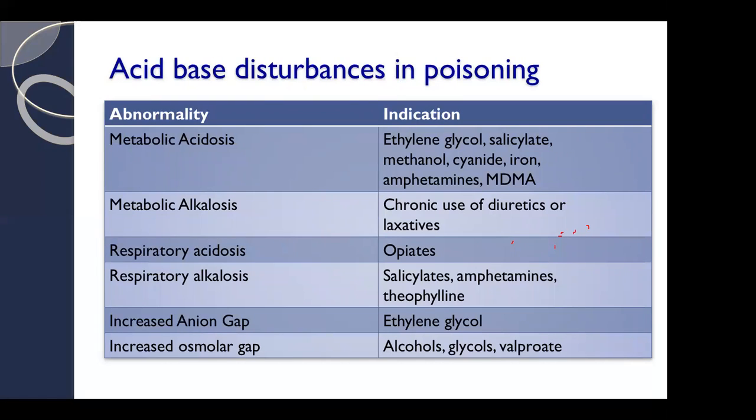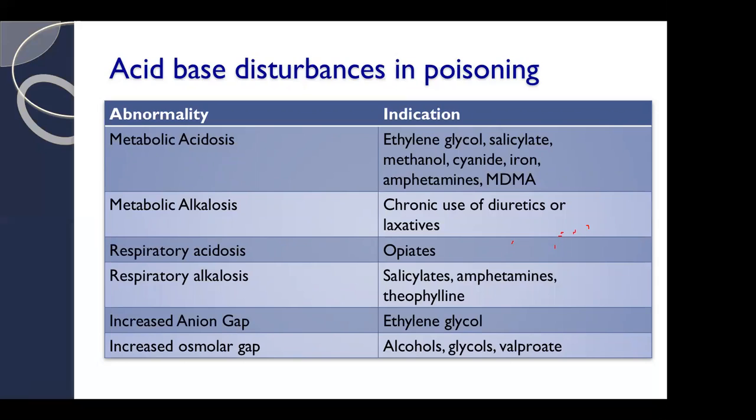However, some of the important aspects which you should not miss are the metabolic acidosis. A high anion gap metabolic acidosis is expected in various poisonings such as ethylene glycol, and additionally salicylate. It is also notorious for causing metabolic acidosis, both in children as well as adults.